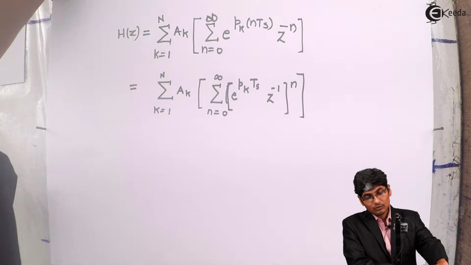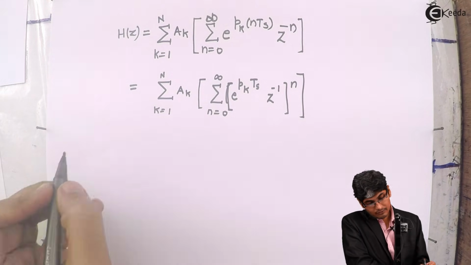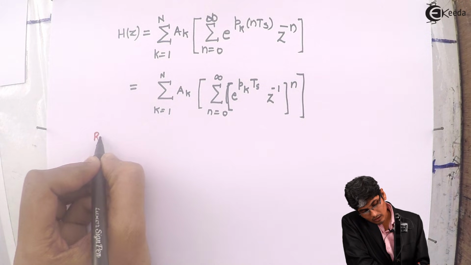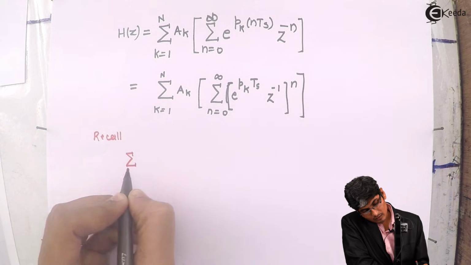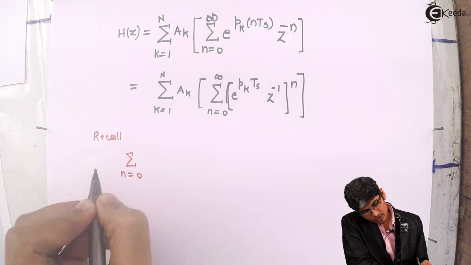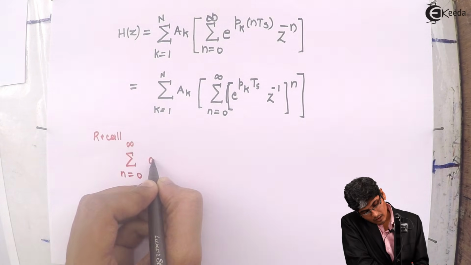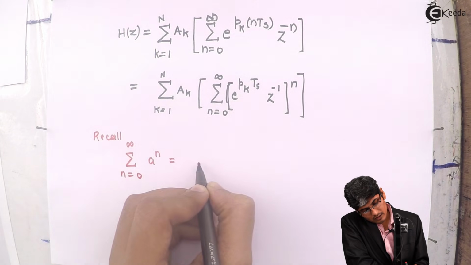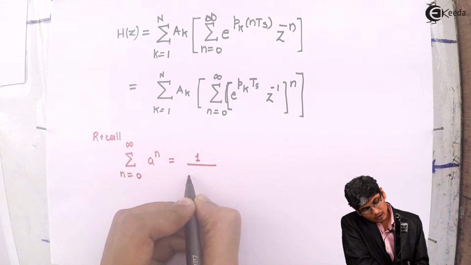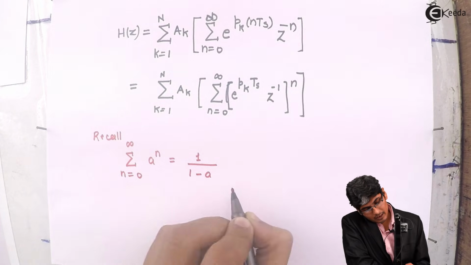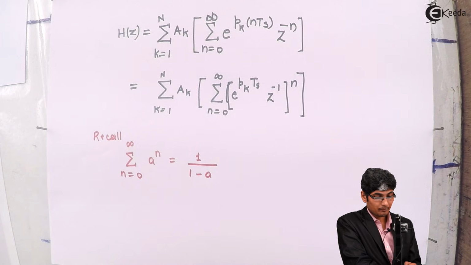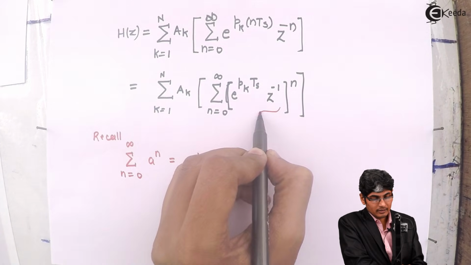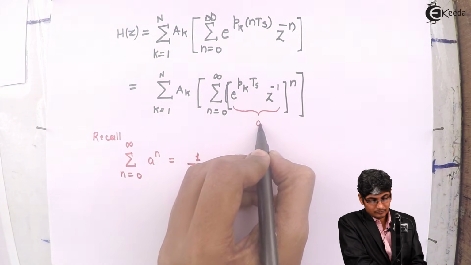Now, just as a recall, summation n going from 0 to infinity a raised to n is equal to 1 upon 1 minus a. The series turns out to be 1 upon 1 minus a. Here this is my a.